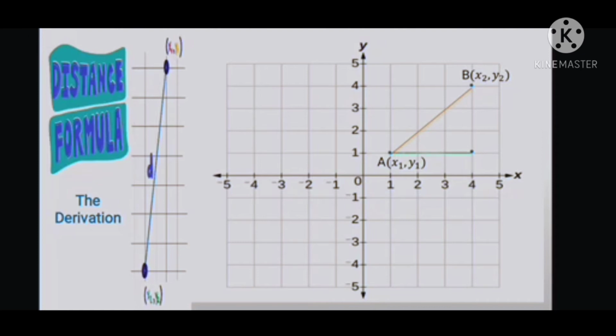So we're going to draw a horizontal line. Next, draw a vertical line, and then we will denote the point of intersection as point C. So the coordinates for point C, or the point of intersection, is x sub 2 and y sub 1.